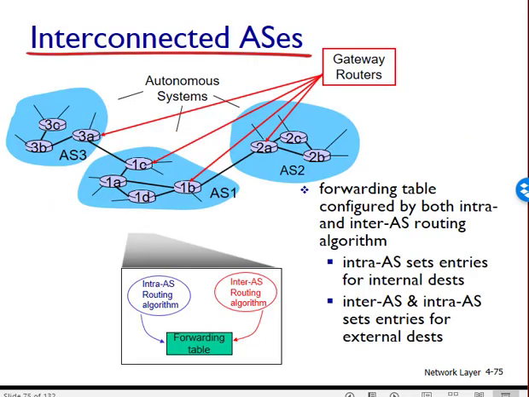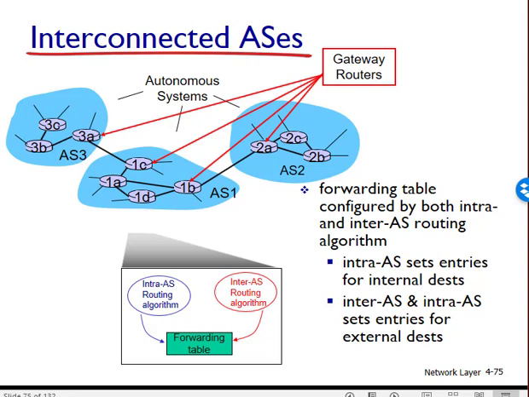The figure you see on your screen provides a simple example of three autonomous systems, AS1, AS2, and AS3. In this figure, the heavy lines represent direct link connections between pairs of routers. The thinner lines hanging from the routers represent subnets that are directly connected to the routers.